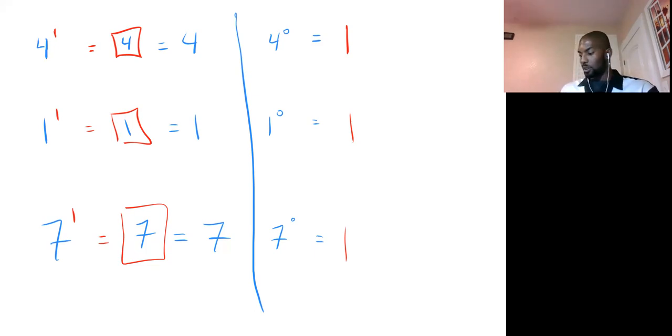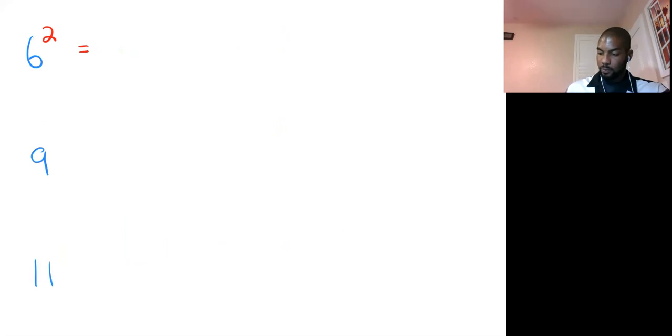Let's do some examples. All right, if I have 6 to the second power, also known as 6 squared. Let's not do 2, we've done 2 enough. Let's do 9, and let's do 11, that's a good one.